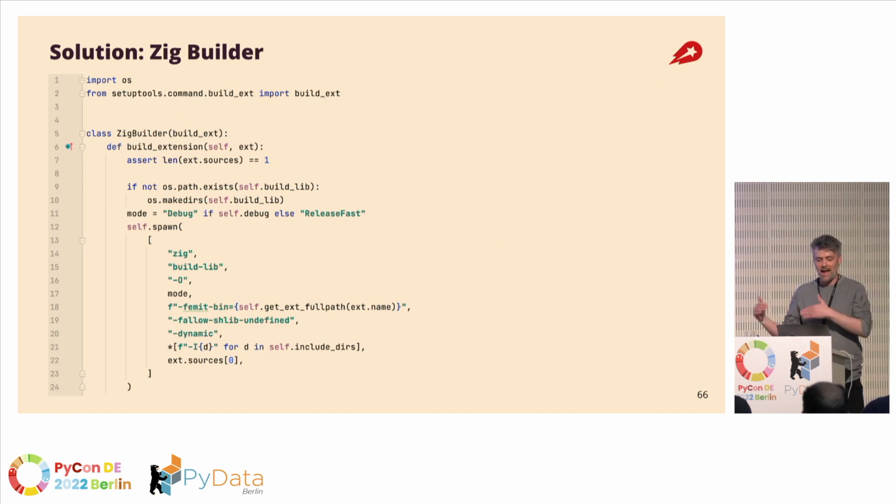So the build_ext command is subclassable. And here I've written a little ZigBuilder, which basically just does three things and uses some of the methods and properties that you get from the build extension command. So, for example, by subclassing this command, I know where I need to build the shared object library. I know if it's a debug or release build. I know the full expected path and file name to actually build the shared object file.